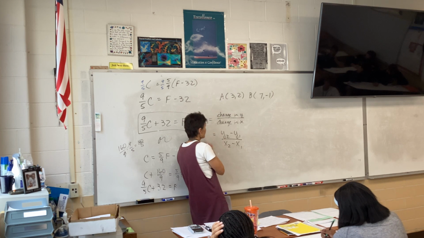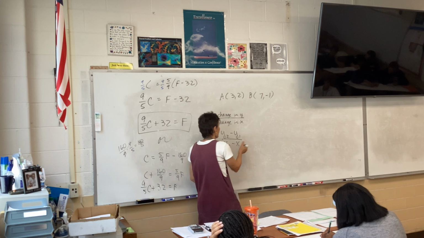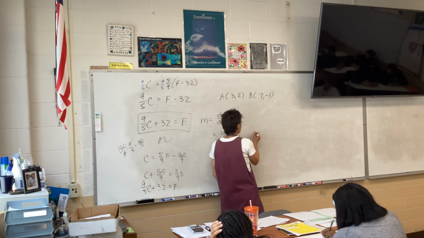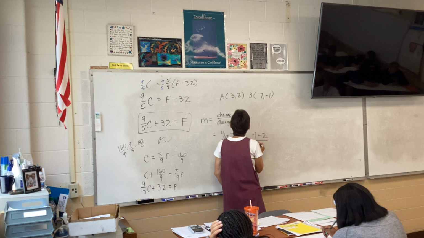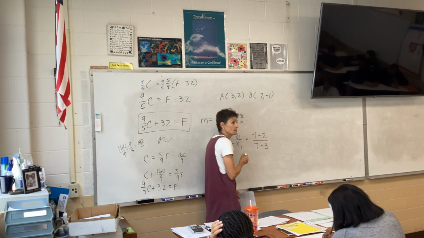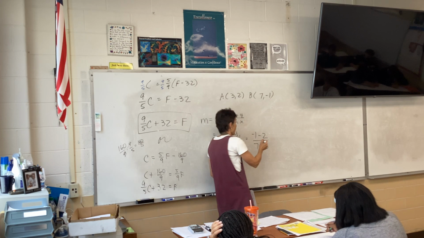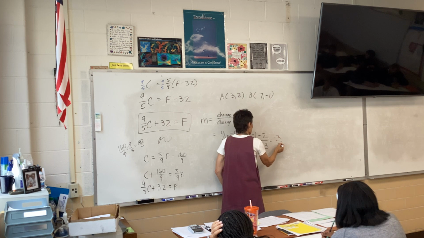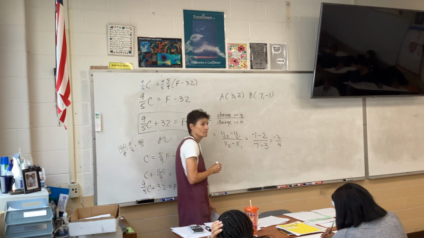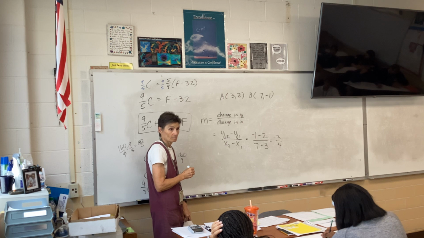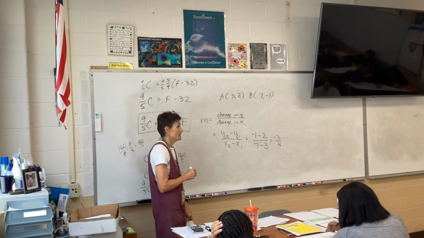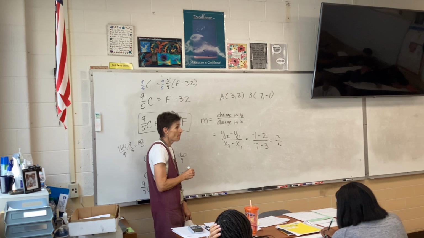So for this particular set of problems, wouldn't we have -1 minus 2 over 7 minus 3, or -3/4? Easy, easy. Charlie? So could you switch it around?